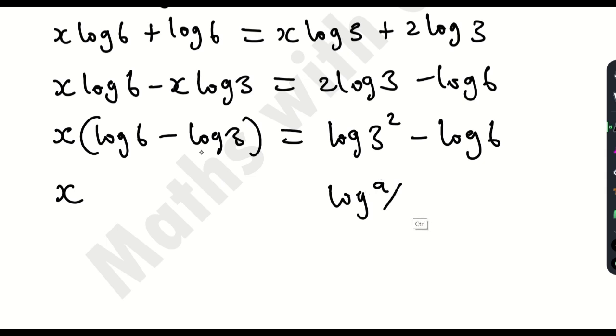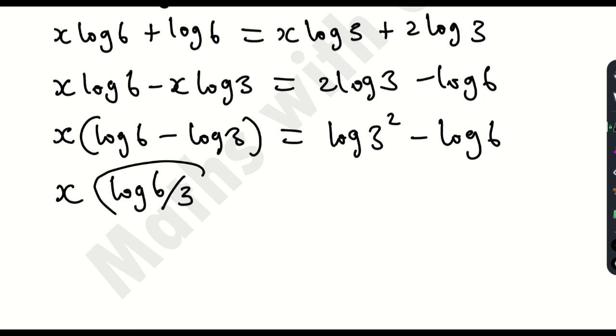So that's what I'll be doing here now. I'm going to be moving it from this form as I have here, log 6 minus log 3. It becomes log 6 divided by 3. You can transform it to this again. So I'm just doing the opposite of what I just did.